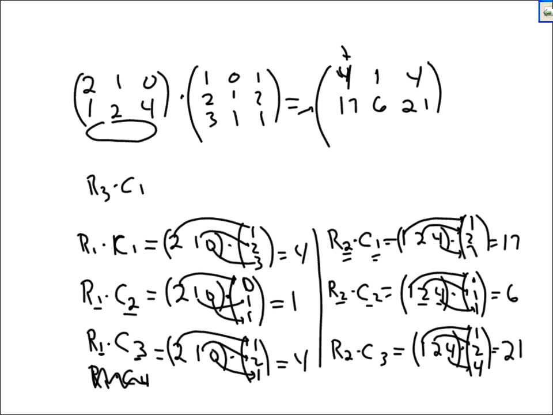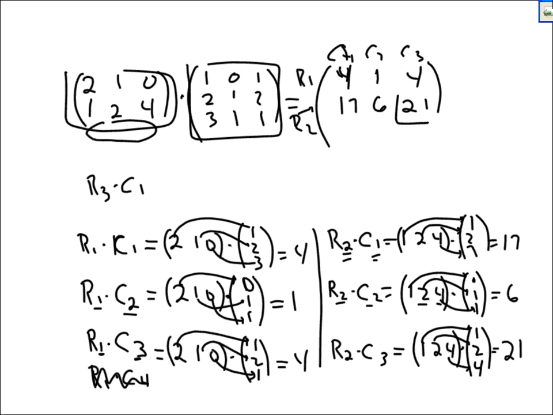You dot each and every row of the left matrix with each and every column of the second matrix, the right side matrix. And you put the results in the logical position. If you multiply or dot the second row with the third column, row 1, row 2, column 1, column 2, column 3, second row, third column.